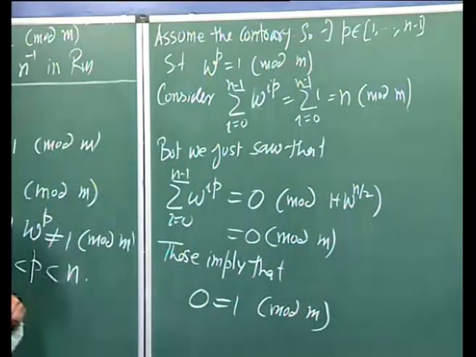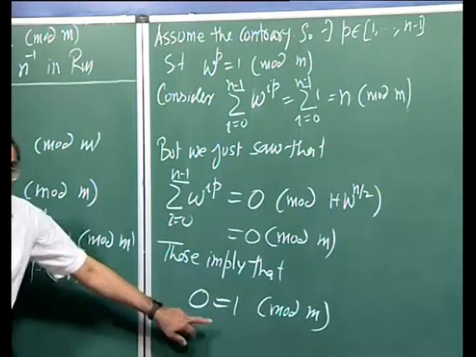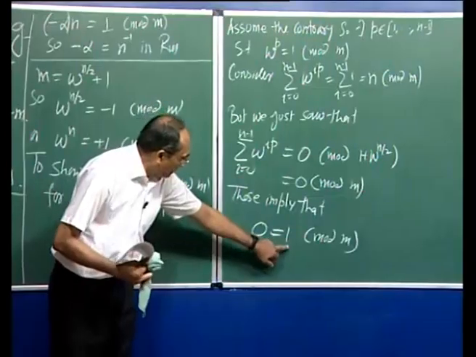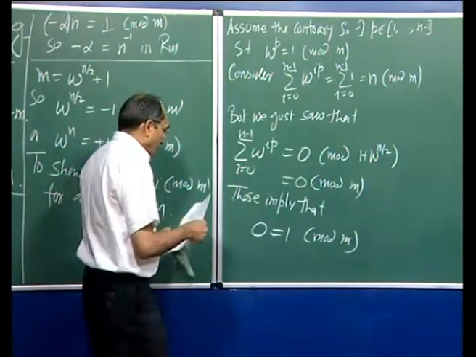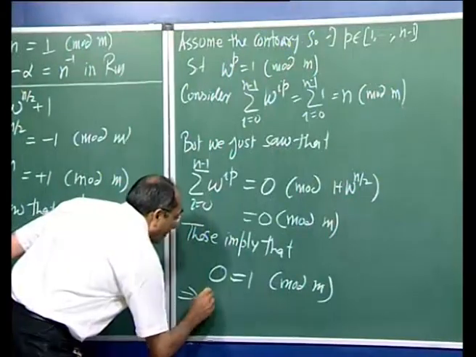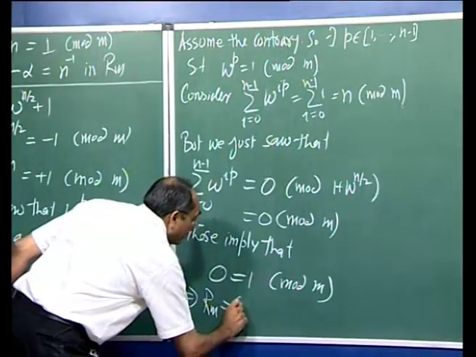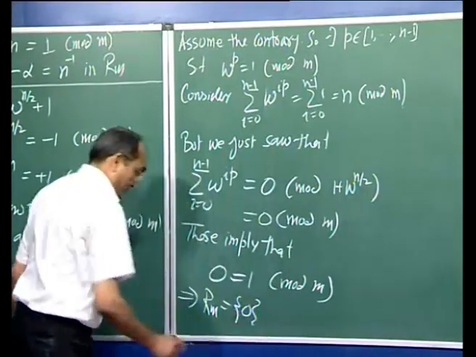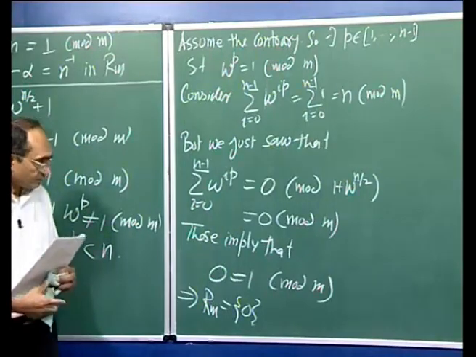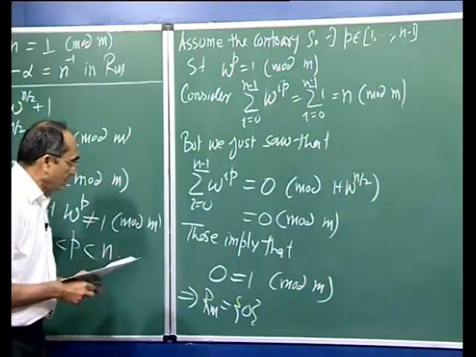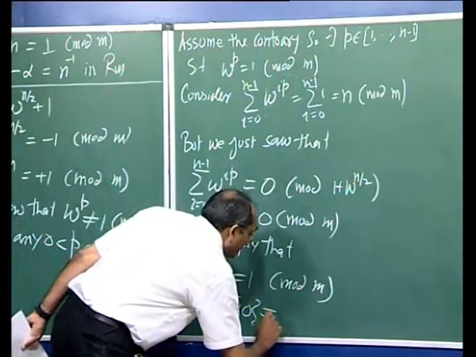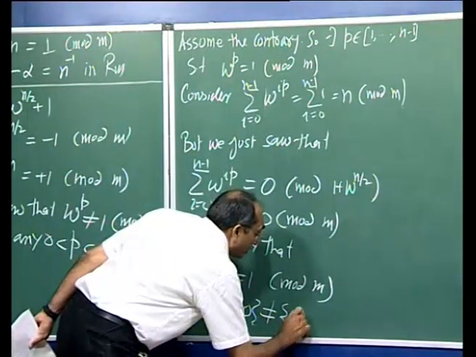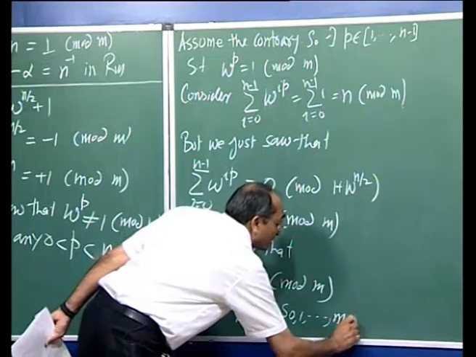So, in this ring 0 and 1 are equal. Now, if 0 and 1 are equal, then in this ring you can't have any other element. This would imply that our entire ring is just one element, which you can call 0 or 1, but that is not what we have. We have elements 0, 1 up to m minus 1.